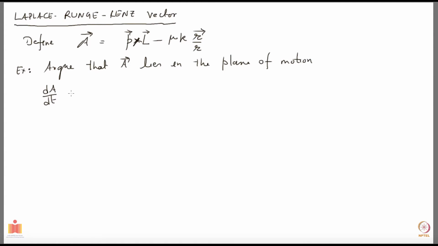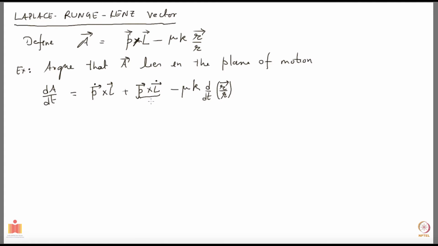So let's calculate the derivative. I have P cross L. So first P dot cross L, plus P cross L dot, minus mu k times the derivative of the unit vector, which I'll save for later.